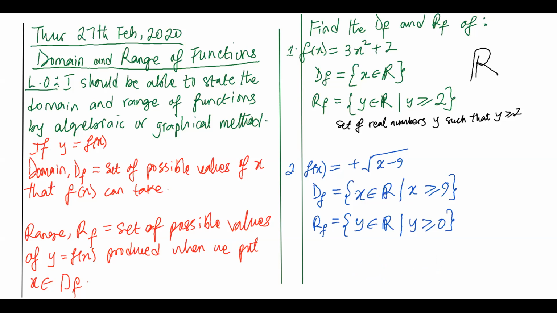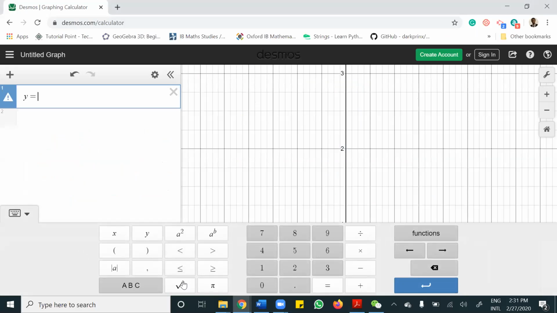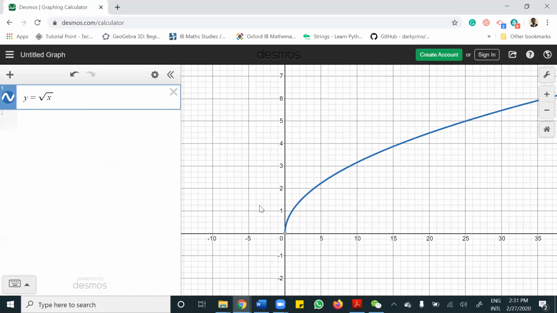Let's look at it in the graph. y equals square root of x. Let's plot that on the graph. Hopefully I can indicate that I'm only interested in the positive square root. Okay, now look at that.